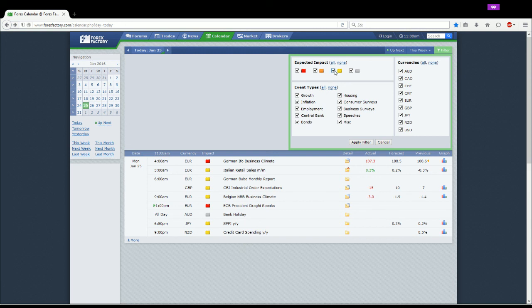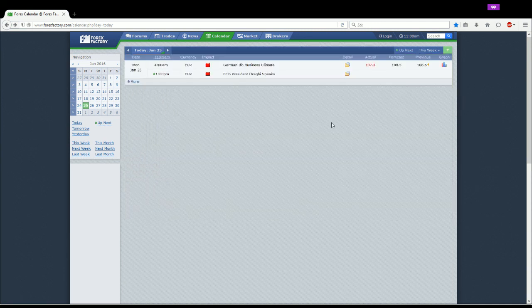I will remove these two, and you only care about the news that affects the pairs that you trade. For example, if you're trading Euro USD, you want to check Euro and USD. Those are the only ones you want to know about.